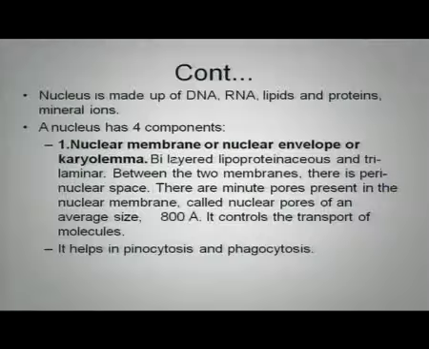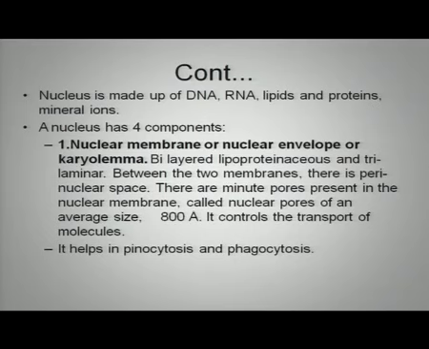So, here the nuclear membrane, or otherwise we can call it the nuclear envelope or karyolemma. Karyon means nucleus, lemma means layer or even membrane. So, karyolemma is double layered or bilayered, lipoproteinaceous, made up of lipid and protein.